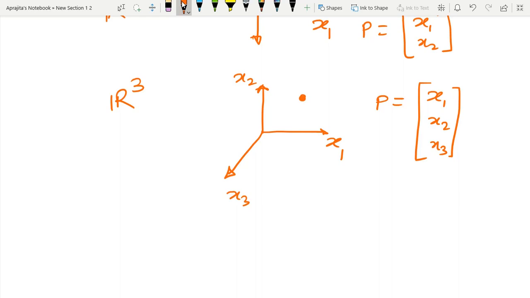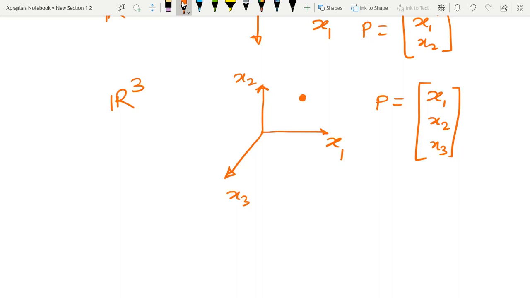Now, if someone asks me to visualize R4, R5, Rn, it is very difficult. It is very difficult to draw on the whiteboard or blackboard. Now, if we are unable to visualize something, then how do we think about that?